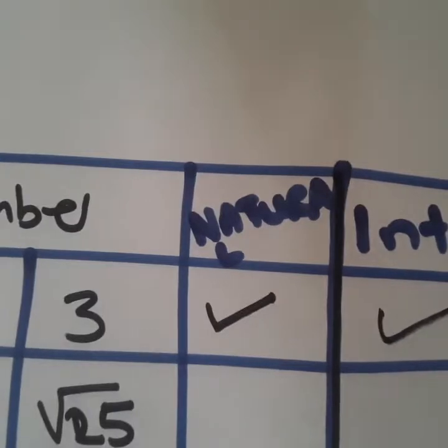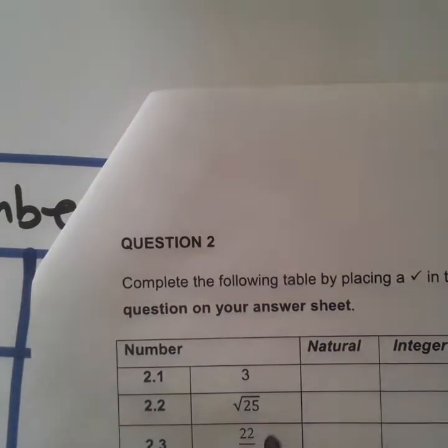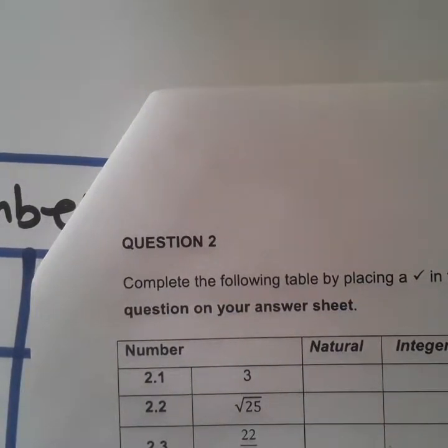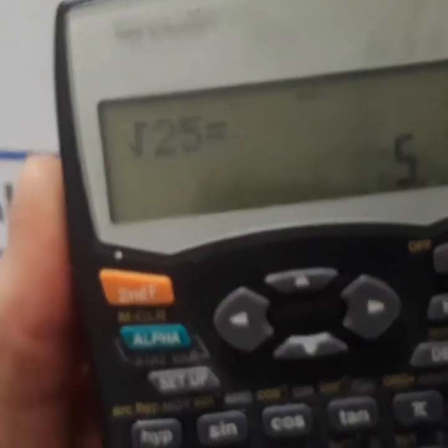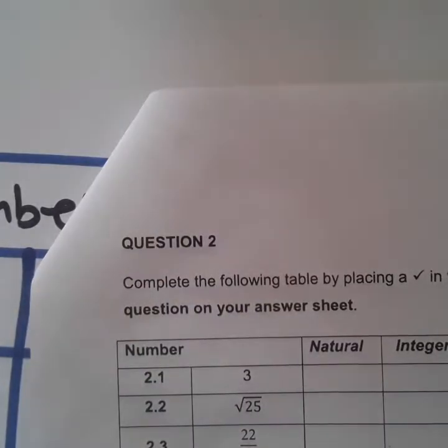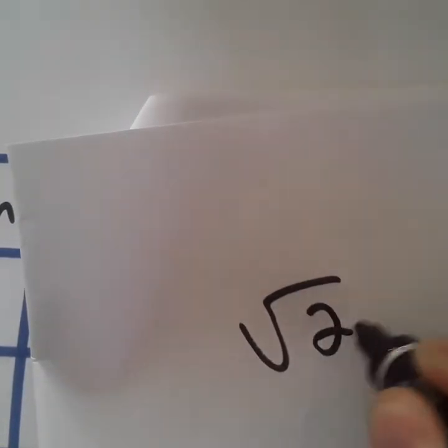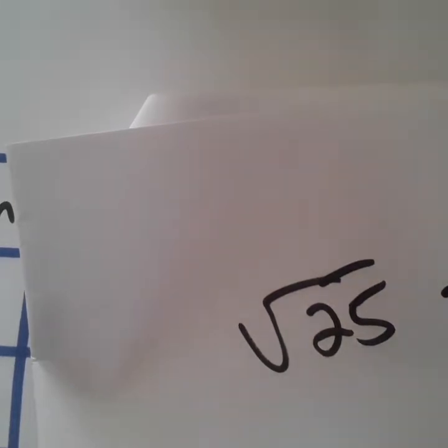Okay, then let's move to the next one. We have the square root of 25. Let's determine the square root of 25. The square root of 25 is 5.